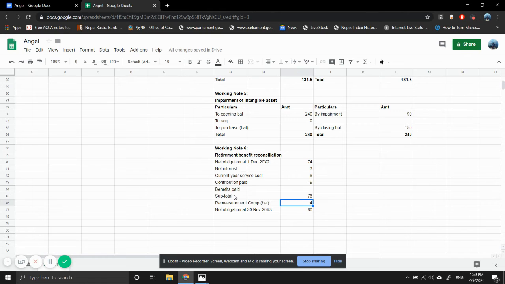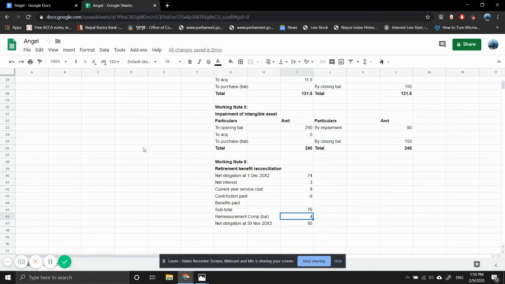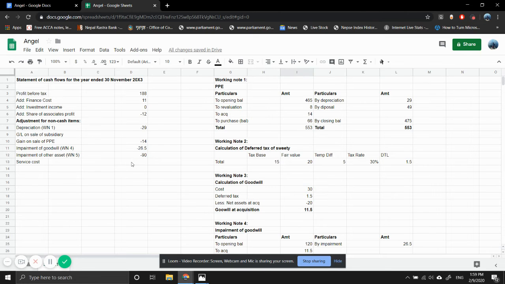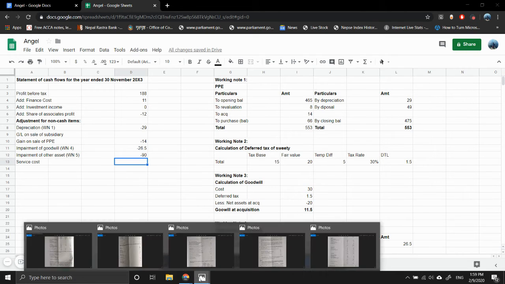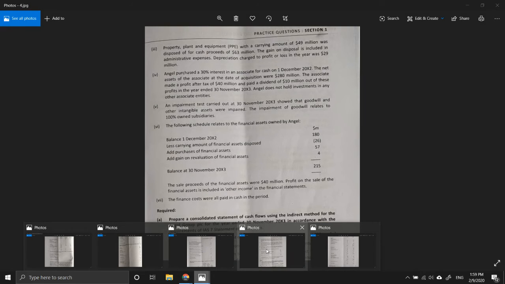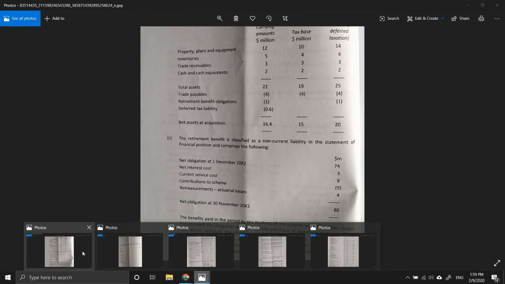This is added back to reconciliation before PBT, right? That's what we are required. So, when was the entity acquired? Let's look at the date as well. That's more important.